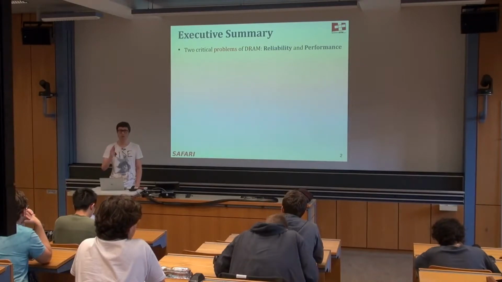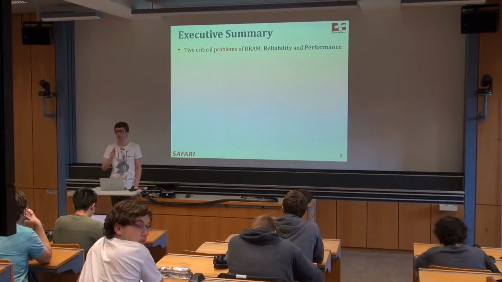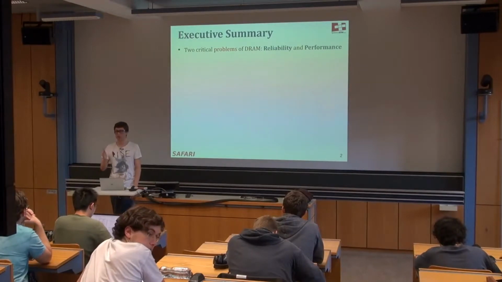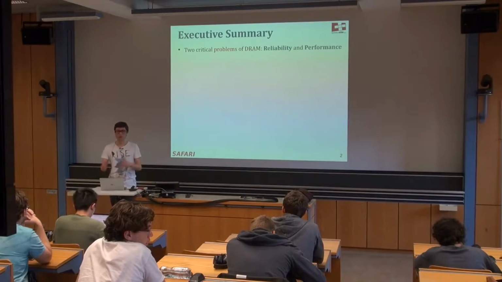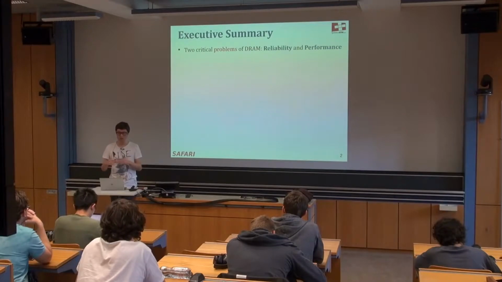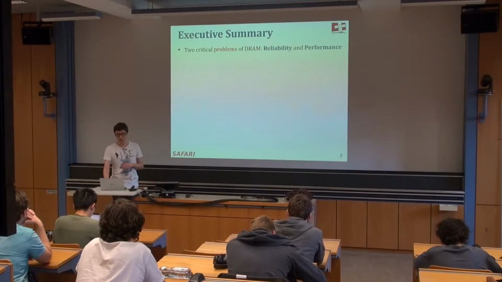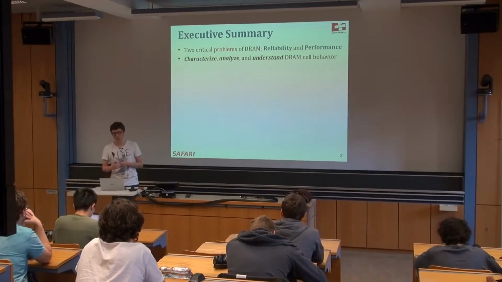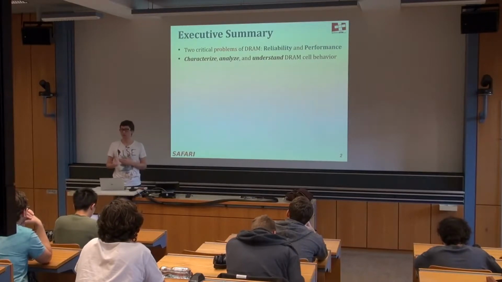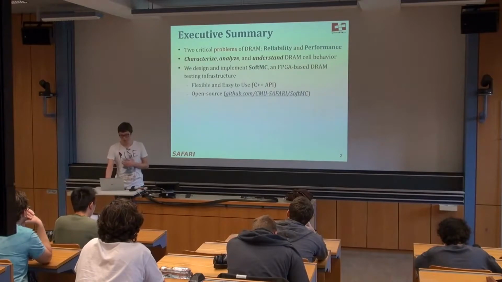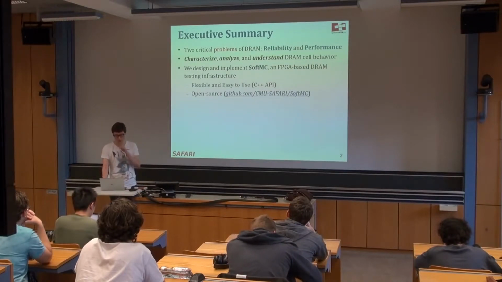If you remember from previous lectures, it starts appearing after 2008 or 2010. Definitely something changed in the interaction between the cells by reducing the transistor sizes and capacitor sizes too much. So in order to attack those problems, we need an infrastructure to characterize, analyze, and understand the DRAM cell behavior and potential other components inside the DRAM.